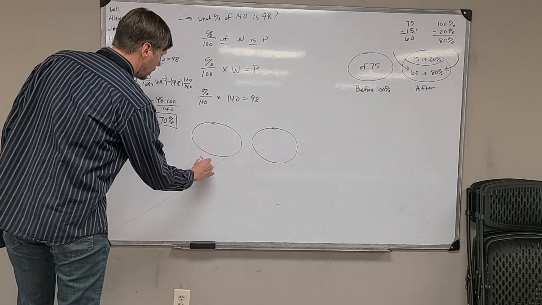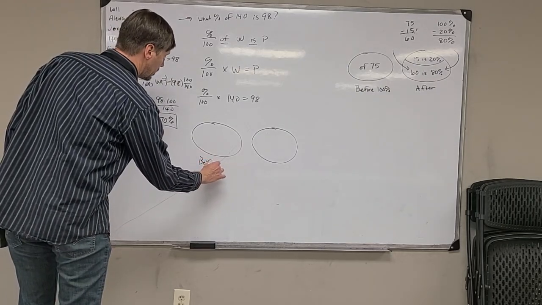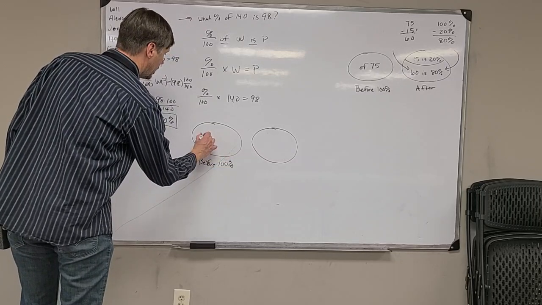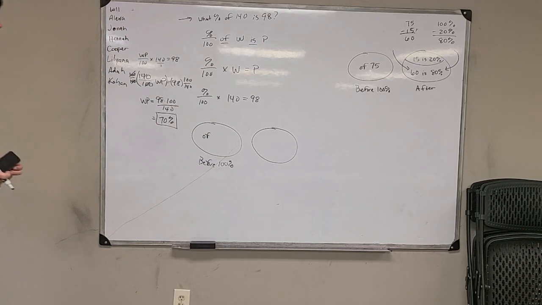The before part, when we were at 100%, is whatever is connected with our of in the original question. So of what? What goes with the of part? 98.